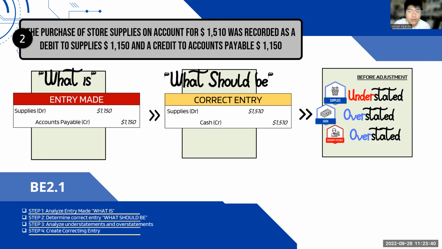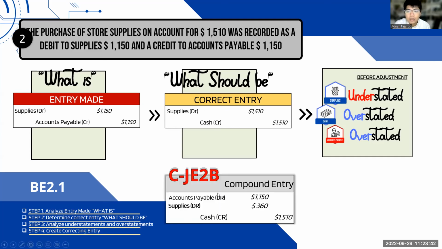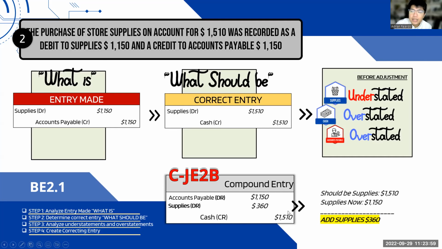Or you can make a compound journal entry wherein you just analyze that what you have to do is to debit accounts payable in order to correct the overstatement, debit supplies to correct the understatement, and then credit cash to correct the overstatement. And then the 360 was computed by the should be supplies is 1,510, but the supplies now is 1,150.